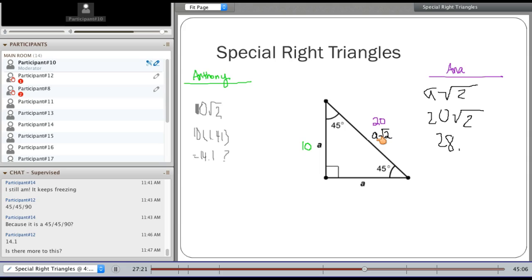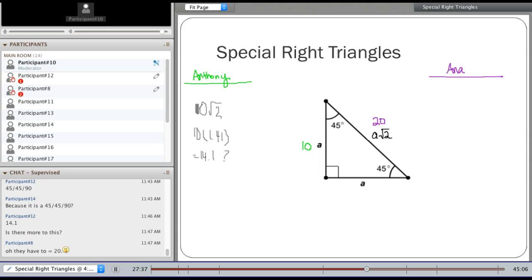Is A 20? Think back to that last problem. What did we do with the 20 and the square root of 2? If they're both on the hypotenuse, what do you know about these two things? Yes, there you go. So you want to say square root of 2 equals 20. Good. And yes, Anthony, yours looks good.